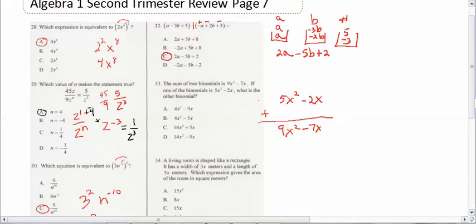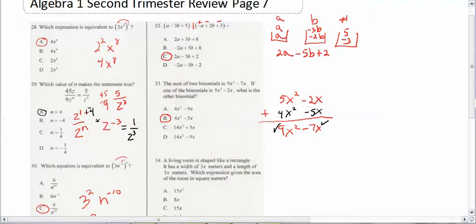Well, 4 plus 5 is 9, but negative 9 and negative 2 is not 7. Then 4 and 5 is 9, and negative 5 and negative 2 is negative 7. So I found my choice right here. If I put in 4x squared, negative 5x, when I add these together, I get 9x squared. When I add these together, I get negative 7x. So I found my answer choice.